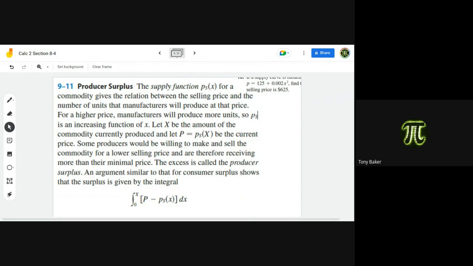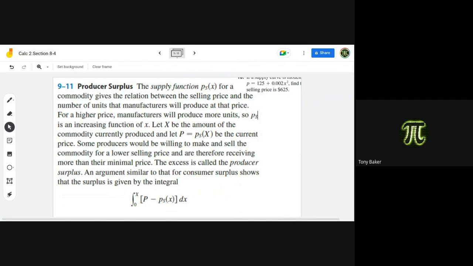So the producer surplus takes the supply function, and the only difference is they put the S next to it, so it's PS, the supply for the price. But it also flips it around. The P goes first, so it's P minus the supply function.